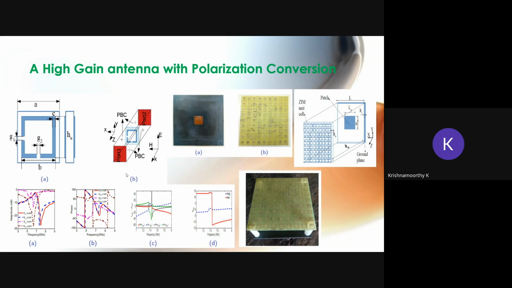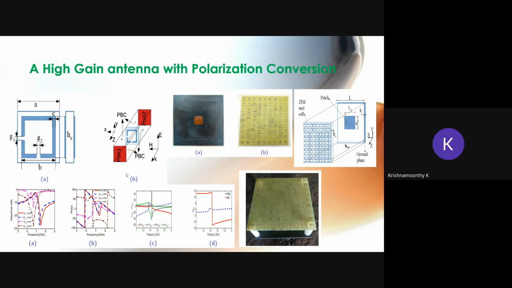In any wireless communication, gain improvement is required for any antenna, because gain improvement gives a better signal-to-noise ratio and better bit error rate performance for the communication system.